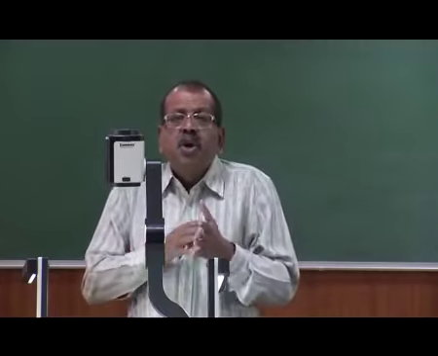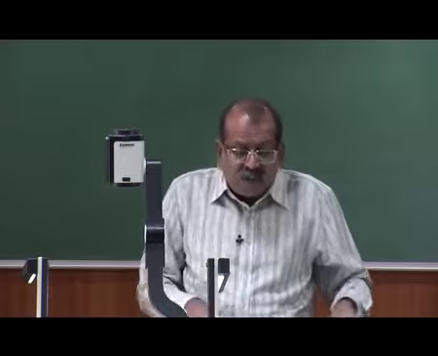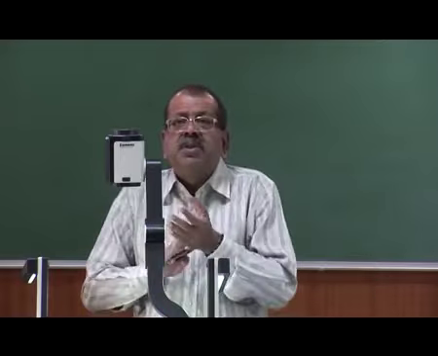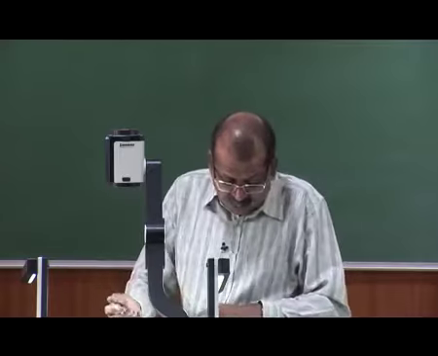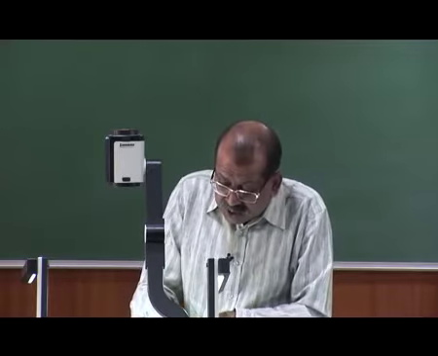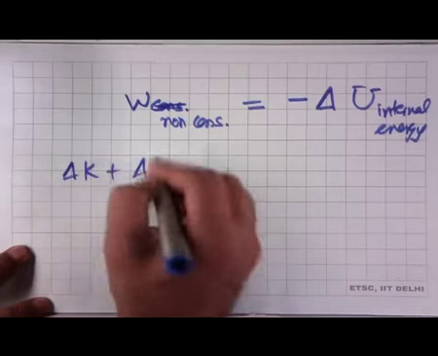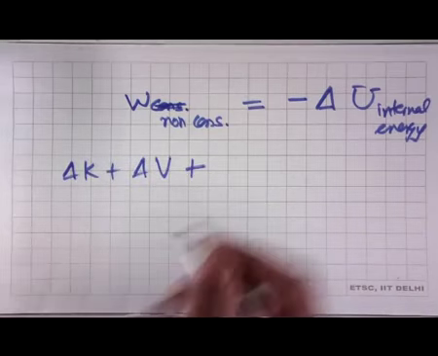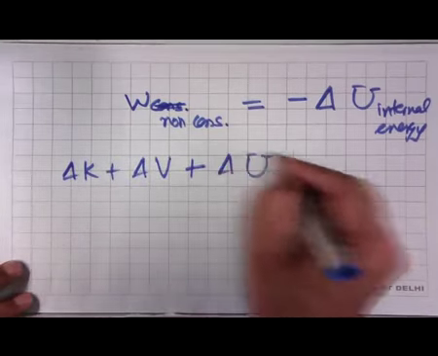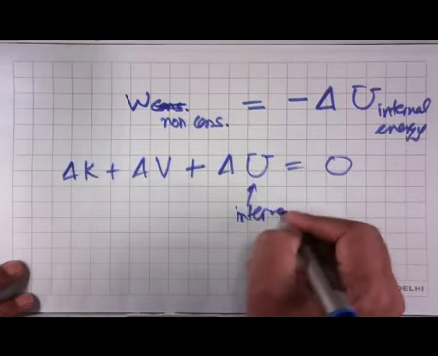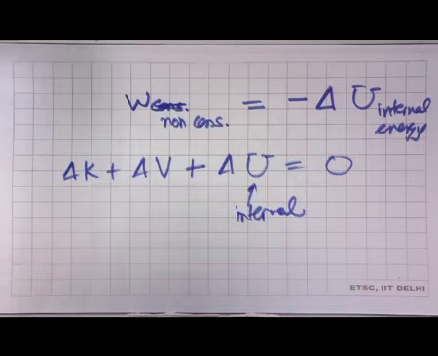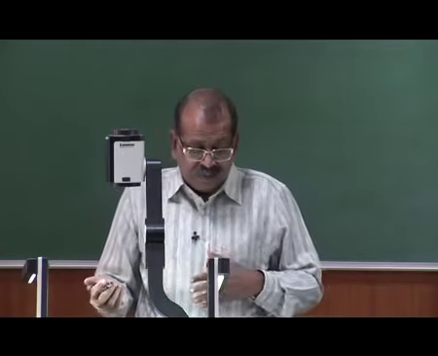So, this goes to raising the temperature of the body, or the change in internal energy gets dissipated as heat or some other form, and then we get the change in kinetic energy plus the change in potential energy due to conservative forces plus the change in internal energy is equal to 0. And this can be seen as a generalized form of the law of conservation of energy.